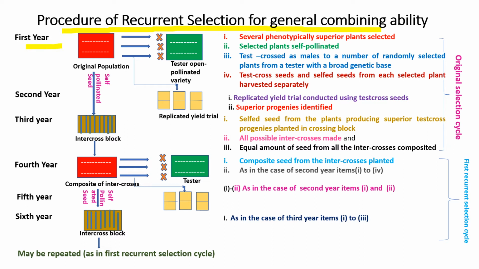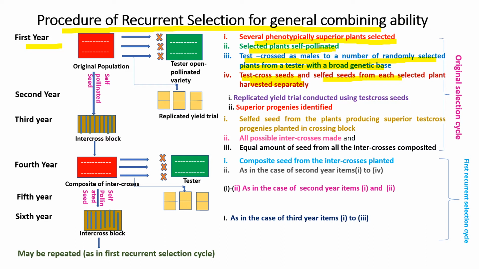In first year, we select phenotypically superior plants. Selected plants are self-pollinated. Test cross as male to a number of randomly selected plants from a tester with broad genetic base, and test cross seed and self seed from each selected plant harvested separately.